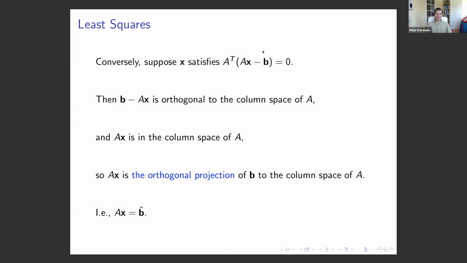So these two equations are equivalent. This way, we don't have to compute b hat, and we can just look at this equation here.